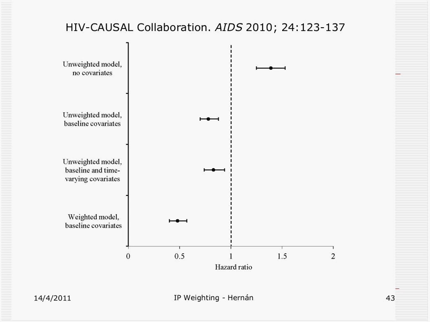So this is the crude, this is adjusted for baseline, adjusted for time-varying covariates, and it's only when we adjust for time-varying covariates using IP weighting that we get to a reasonable estimate.